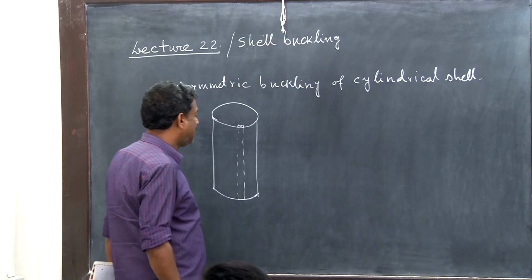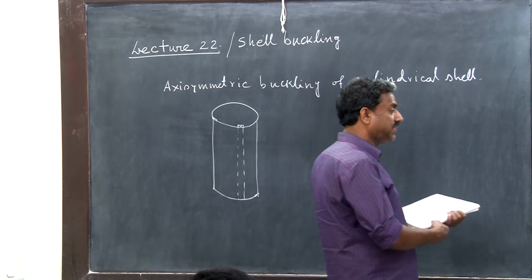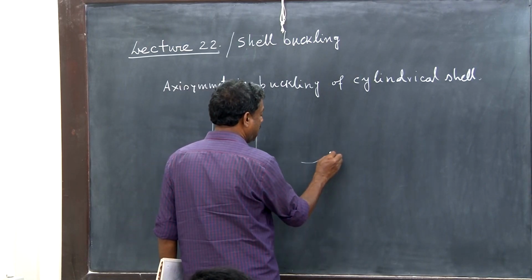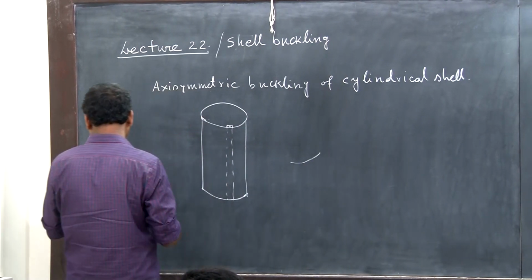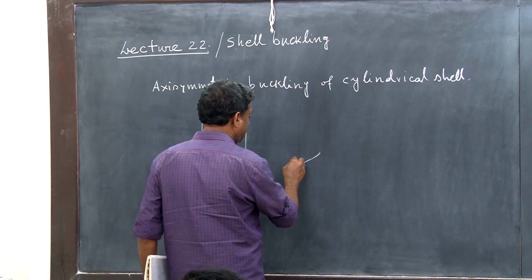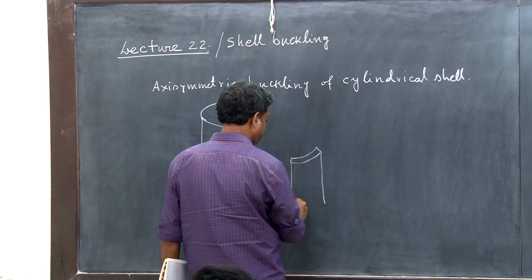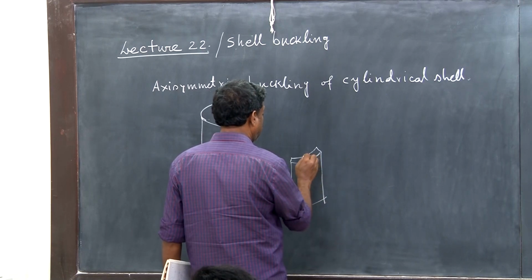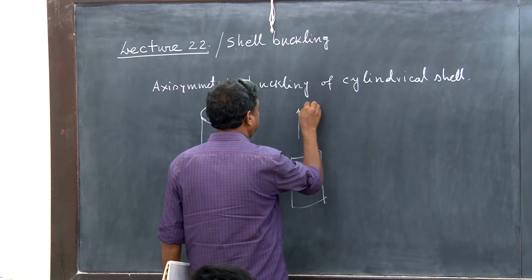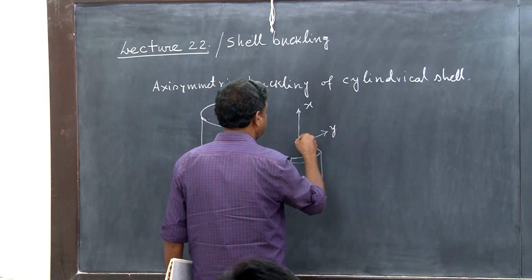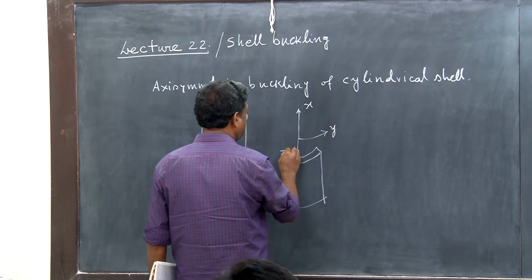And then if you can recall, we have derived the governing equation. Because of this curvature, our choice of coordinate system was something like this. The longitudinal direction was x, the radial direction was y, and z was outward along the thickness.